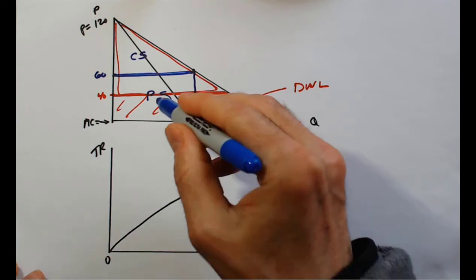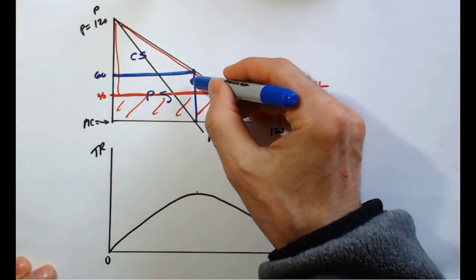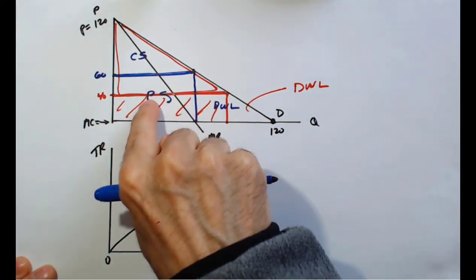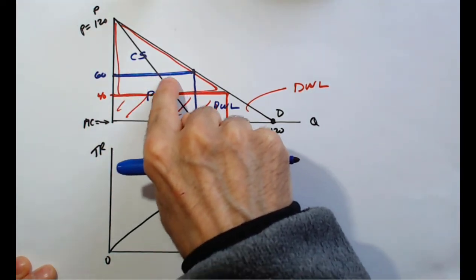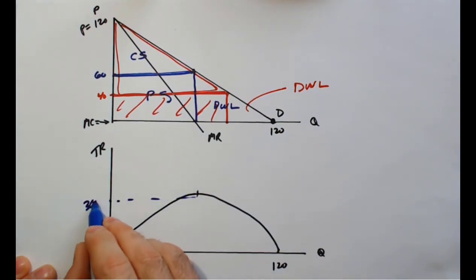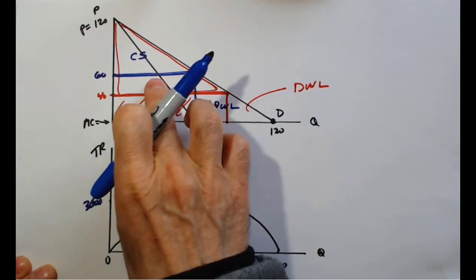So what we're seeing here is that this 60 by 60 area here is producer surplus under the cooperation scenario, and that equals the total revenue and profit, $3,600, 60 times 60.